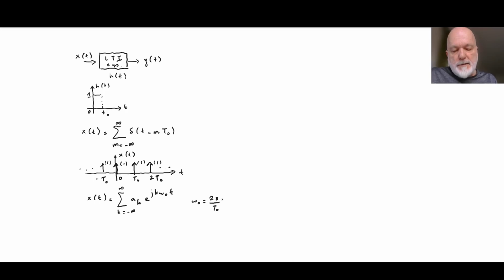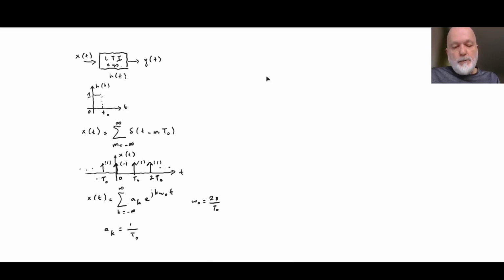And the a_k's are all equal to 1 over T0. We have calculated this in example 5, the previous example.